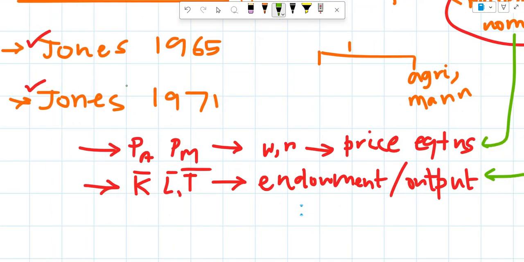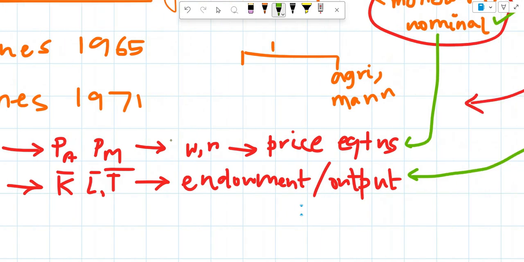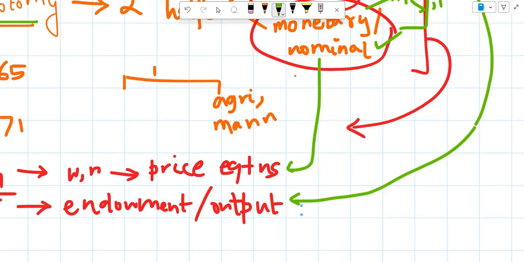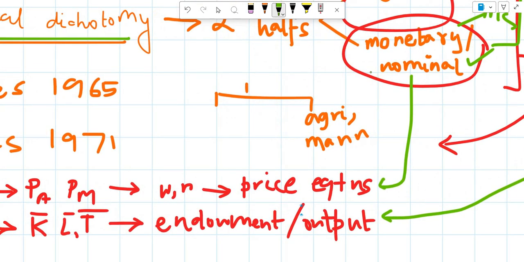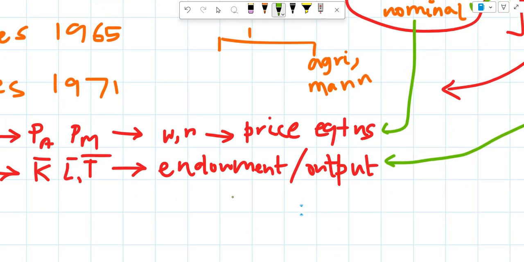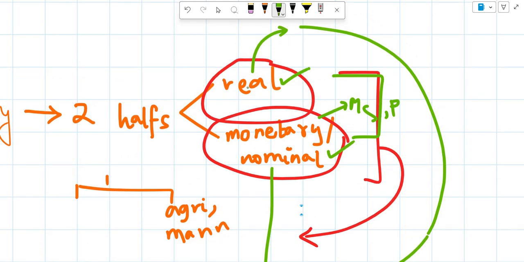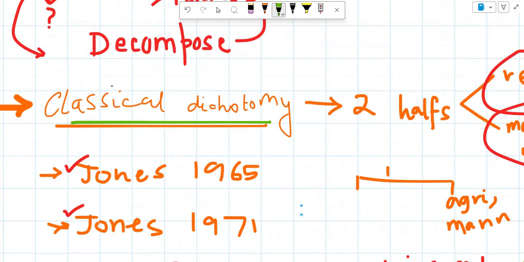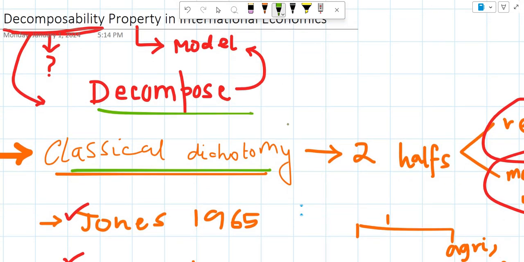If you look at the equations in the Jones 1965 and the Jones 1971 model, you can also divide the equations into some which deal with the price equations, representing the nominal or price side, and some which are the endowment or output equations, dealing with the real side. So then what is the concept of decomposability?